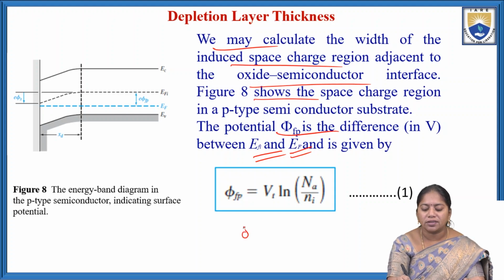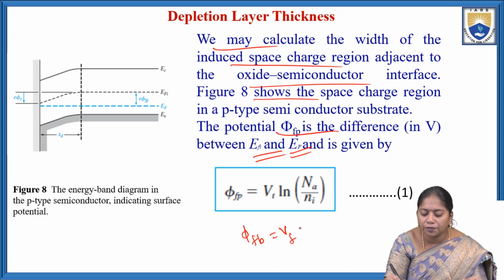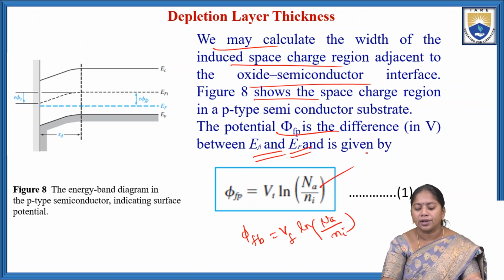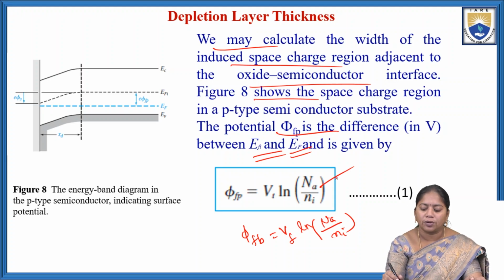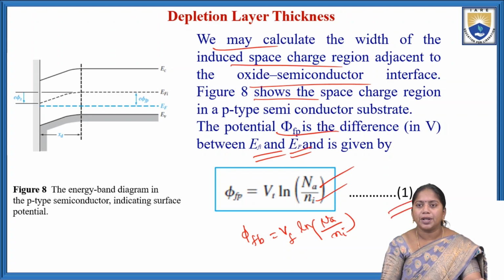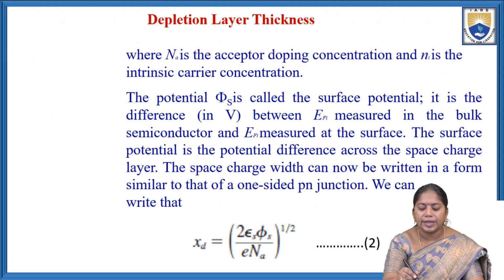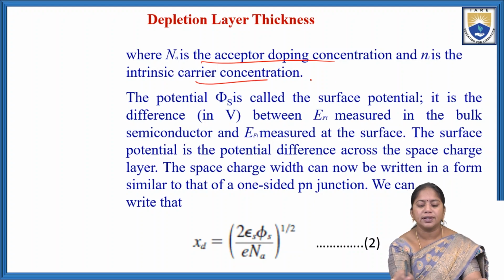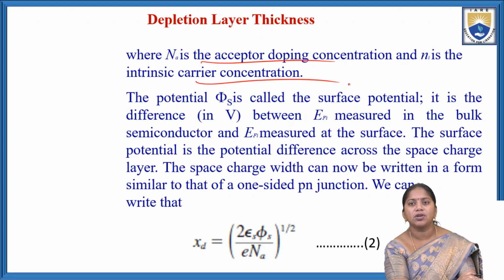The potential phi Fp equals Vt times ln of Na by ni, that is equation 1, where Na is the acceptor doping concentration and ni is the intrinsic carrier concentration.